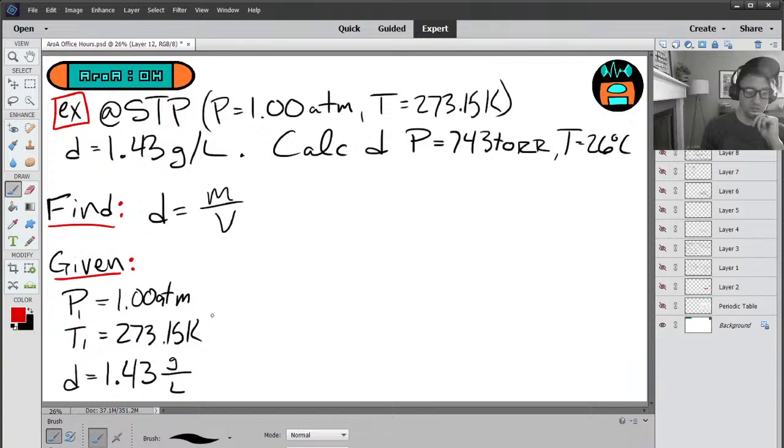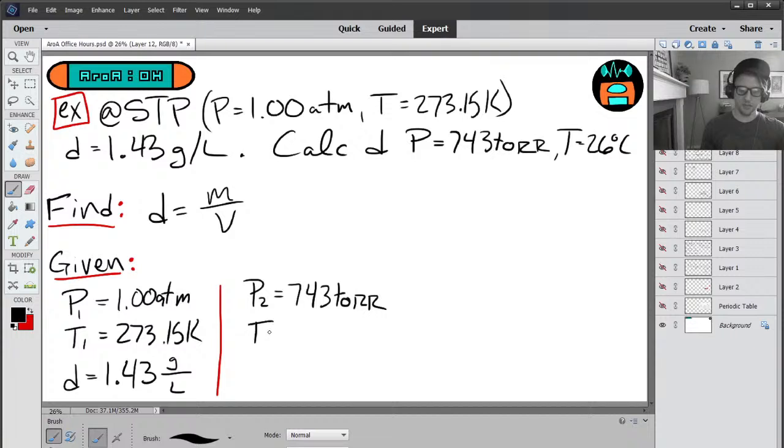And we're also told that our final conditions, right? That we want to know what the density is when we're at a pressure of 743 torr and a temperature of 26 degrees Celsius.